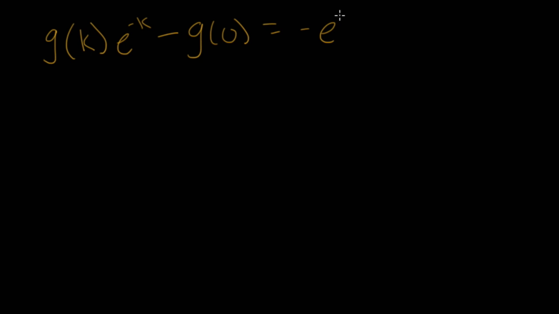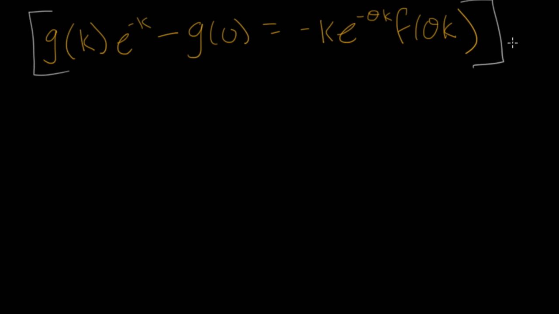Now if we simplify that relation, we will get that g of k e to the negative k minus g of 0 equals negative e to the negative k, because we multiplied through by k, e to the negative theta k, f of theta k. And so now we will multiply through by e to the k, which will make this term equal 1.